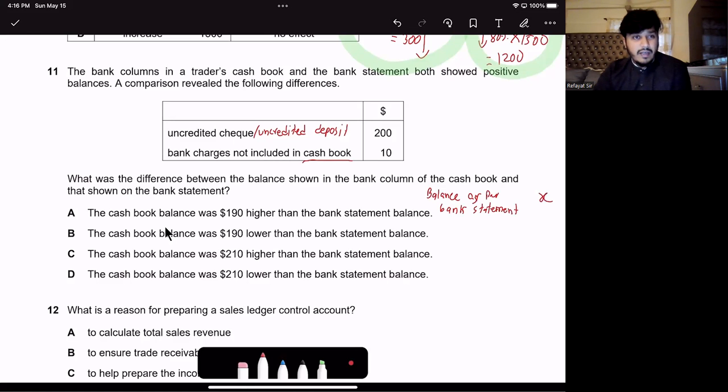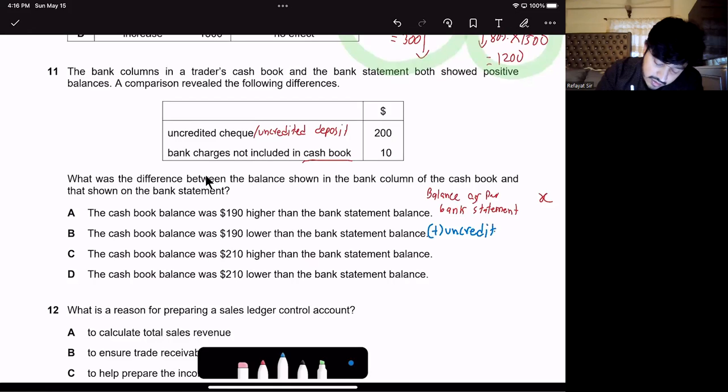Let's consider that amount X. If we start with balance as per bank statement, we add uncredited deposit and subtract unpresented checks.